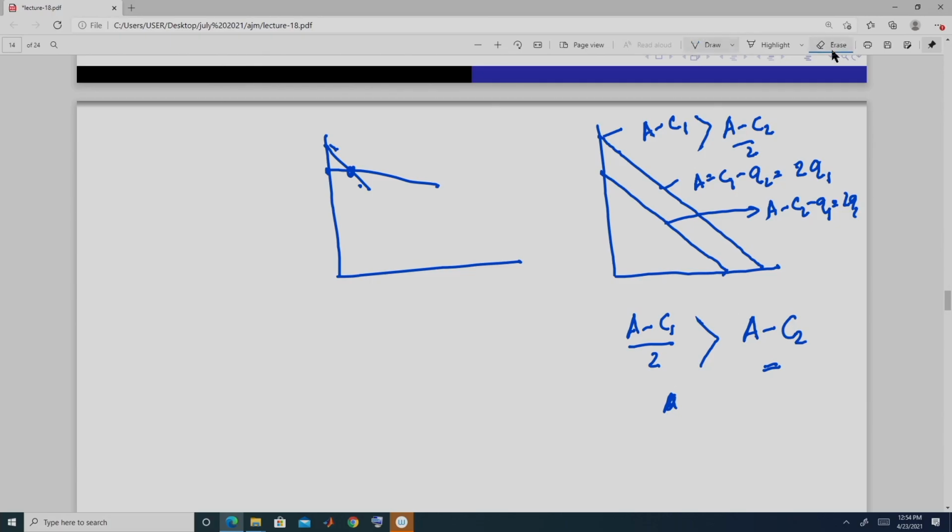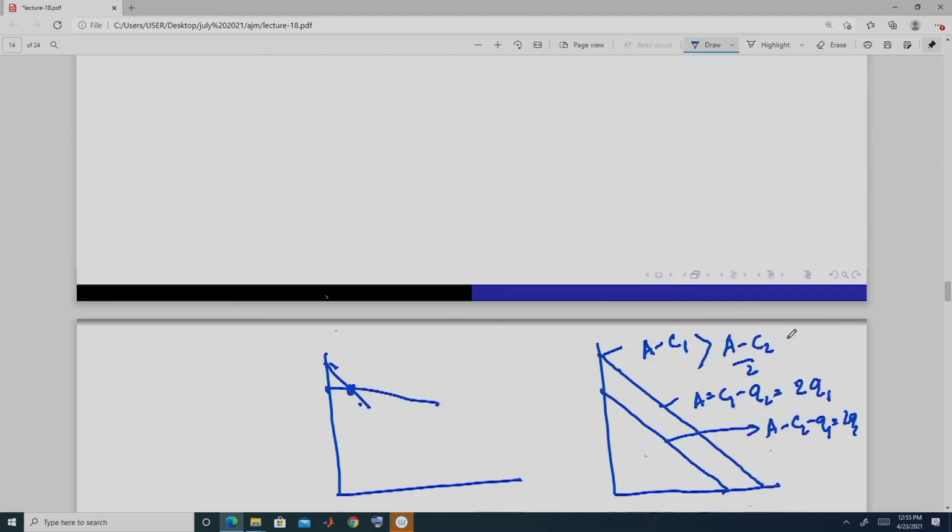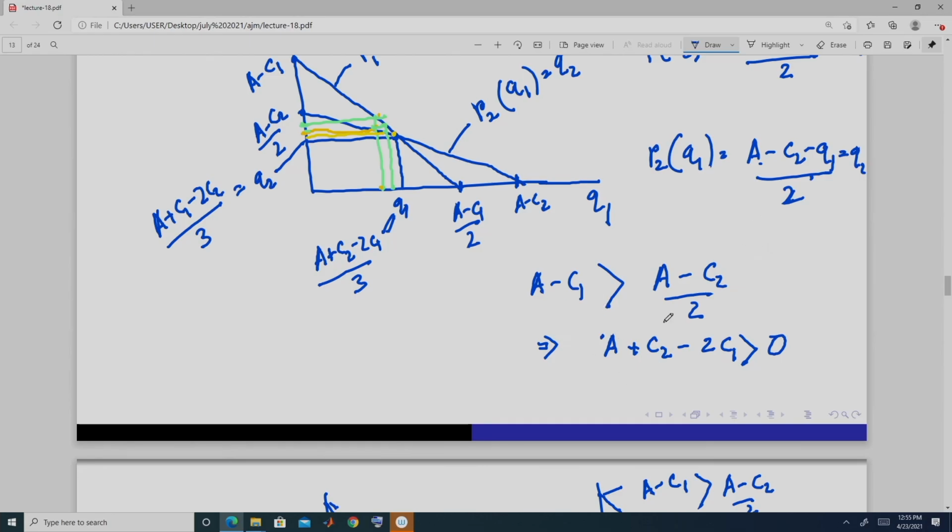So, this will imply what? This will give us this. Now, we have assumed this, so we have got this.